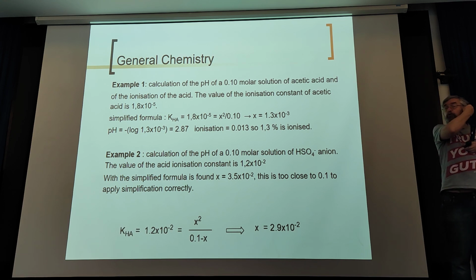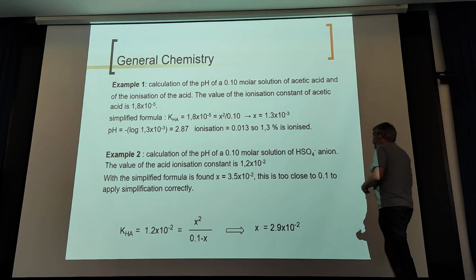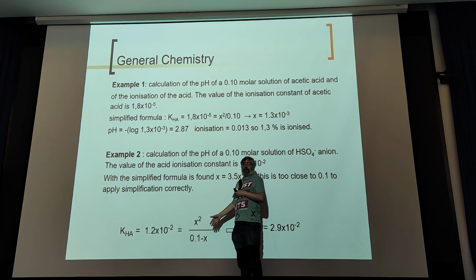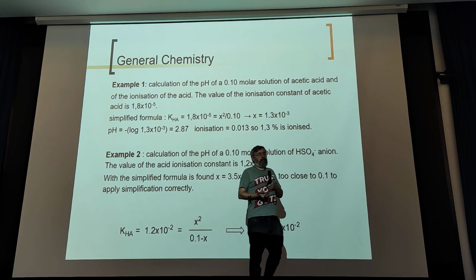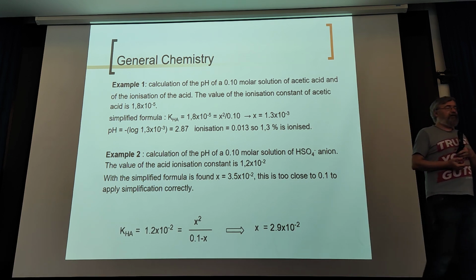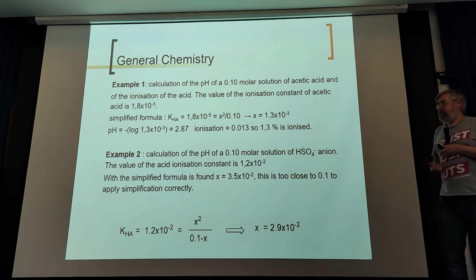So what do we need to do when we have a situation like that? First of all, we could solve, like it is shown here, the quadratic equation, but then you maybe need a more advanced calculator. That could be one thing. Not everybody might have that.